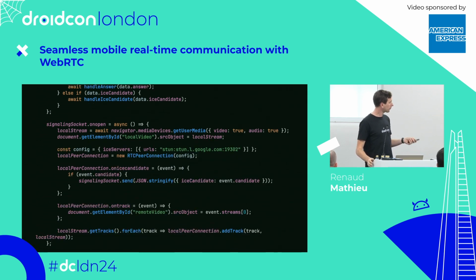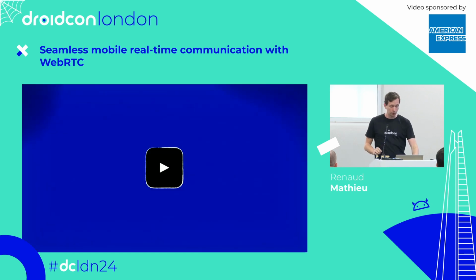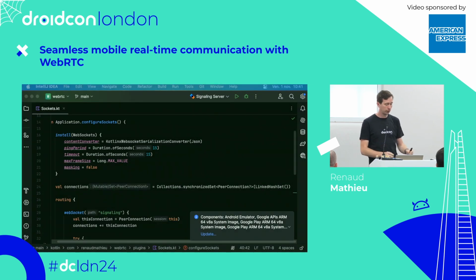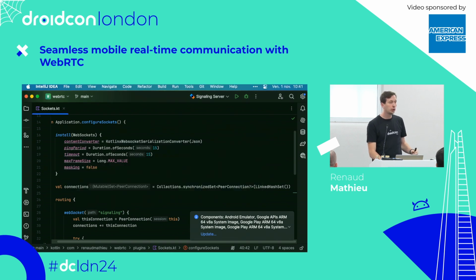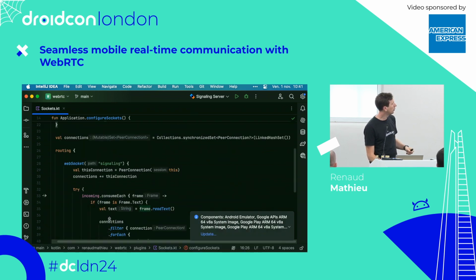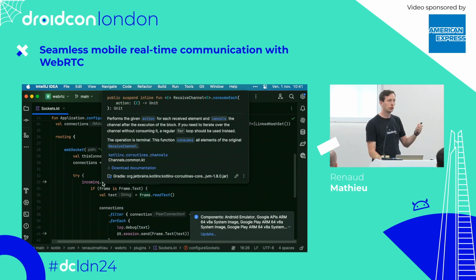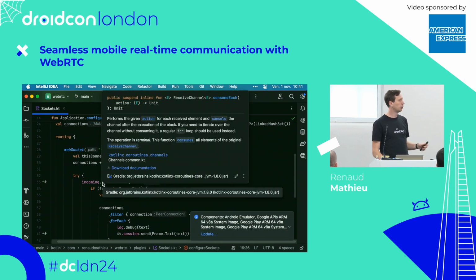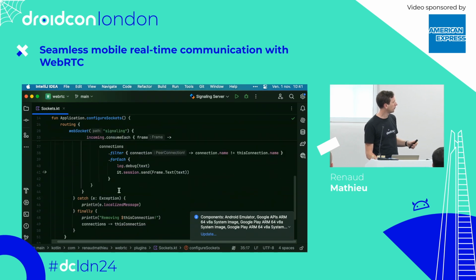You see there is not so much code, but what I can do is showcase how we can set up a signaling server and then establish a connection between two peers. As you can see here, I didn't put the while loop, I just put the consume each, which is another API, but it's not a problem for this, and just the filtering, and then I'm sending the frame.